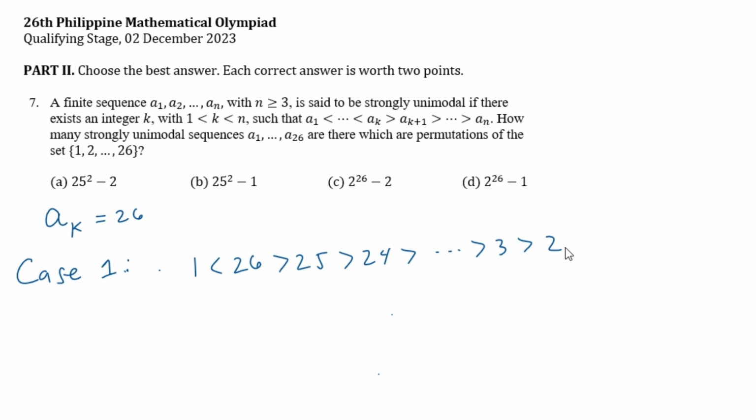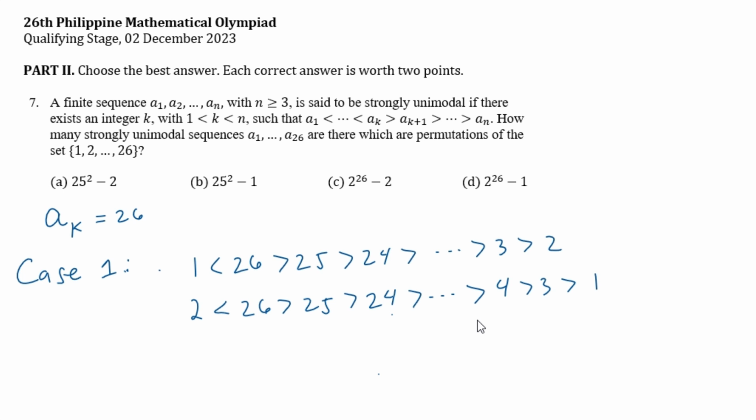Another example for this is 2 less than 26, 26 greater than 25, 25 greater than 24, and so on, up to 4 greater than 3, 3 greater than 1. Okay, so since there are 25 numbers from 1 to 25, we can choose any one of those numbers to be placed to the left of 26.